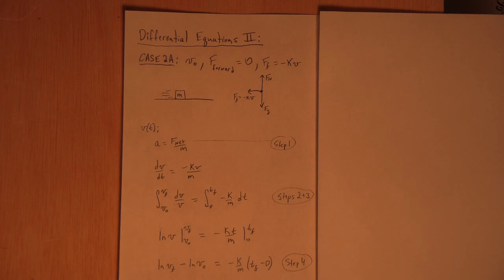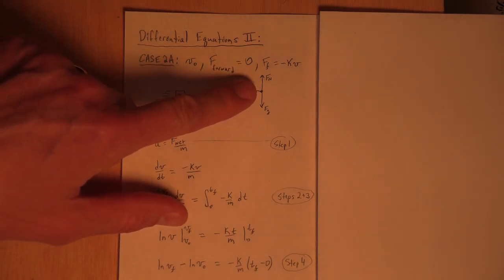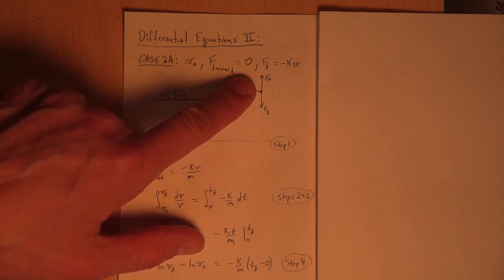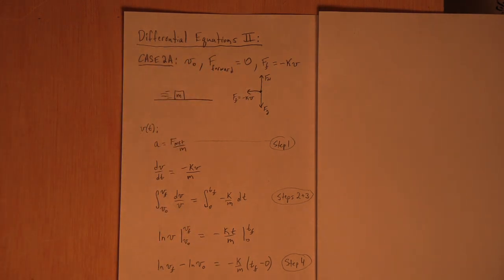Remember, Newton's first law: objects stay in motion with 0 force acting on them. If we remove this, this object just coasts forever in the forward direction with 0 force. The backwards force is to slow it down and decelerate it. All right, so that's the situation.